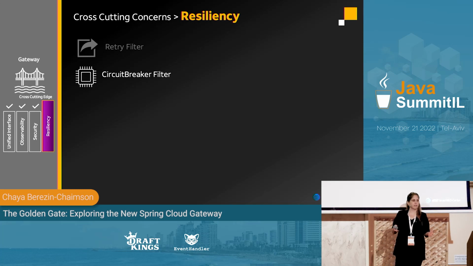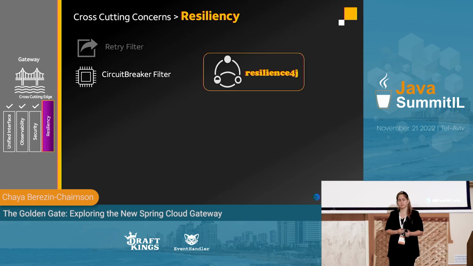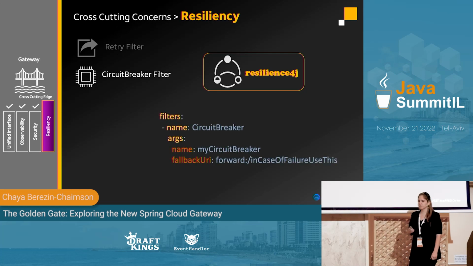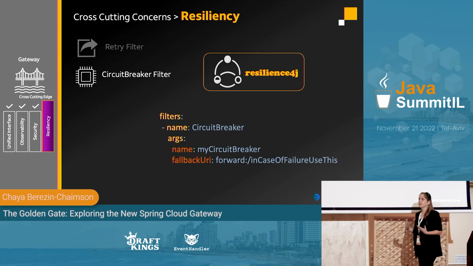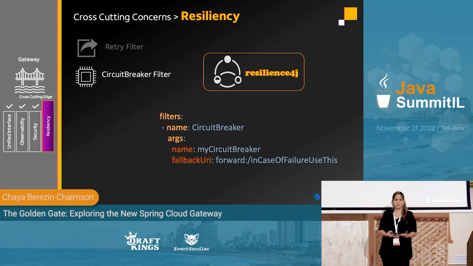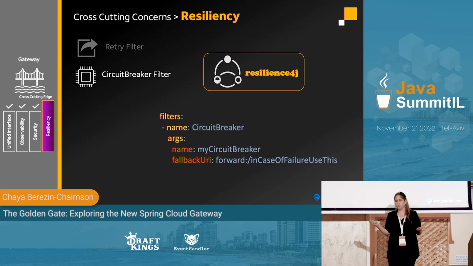So Spring Cloud Gateway, integrating with the Resilience4j library, has a circuit breaker filter that we can use like this and configure the fallback URI argument. The fallback URI argument is the URI that the requests will be routed to in cases the circuit breaker is open, in cases the circuit breaker decides the microservice is not stable.